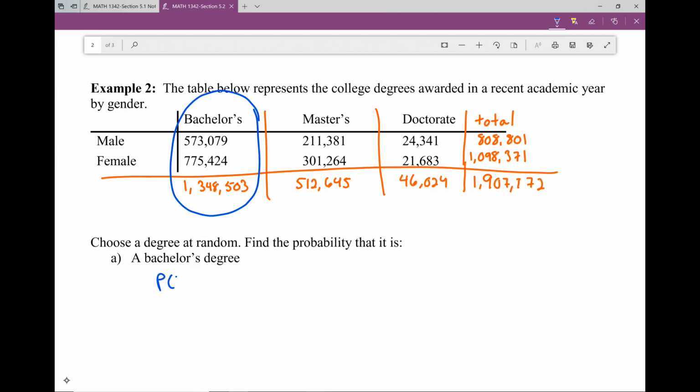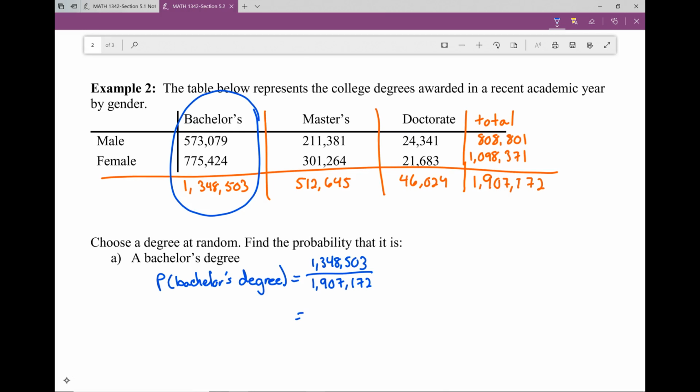So the probability that a person has a bachelor's degree is equal to the total number of bachelor's degrees, which is 1,348,503, out of the total number of people that were surveyed, which is 1,907,172 individuals.